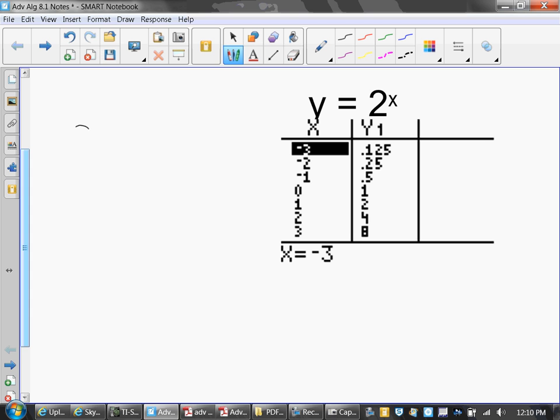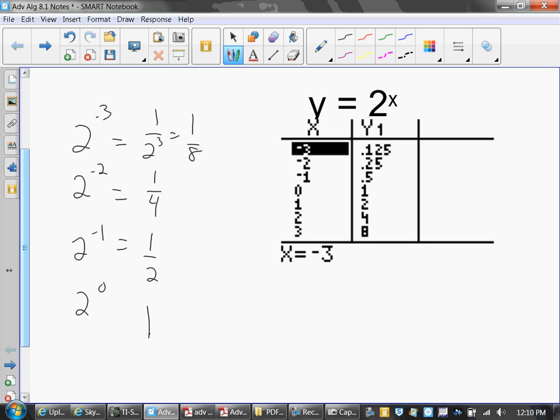That means you've got 2 to the negative 3, 2 to the negative 2, 2 to the negative 1, 2 to the 0. When you have negative exponents, does that mean the base is negative? No. So that means this is 1 over 2 cubed, which is 1/8. This is 1/4, 1/2. What is anything to the 0 power? 1. And then you get 2 to the first, 2 squared, and so on. And then 2 cubed, 8, and so on.